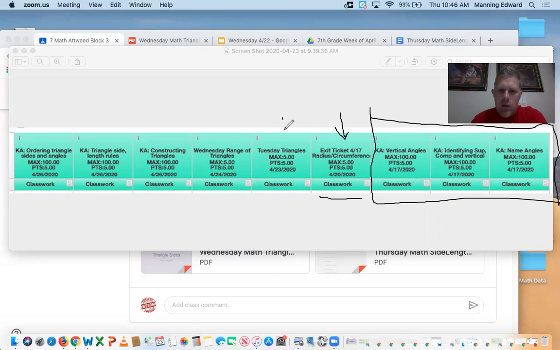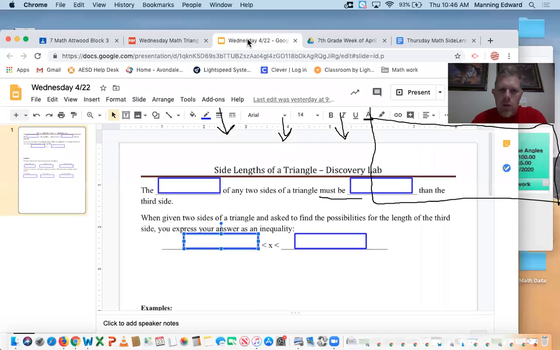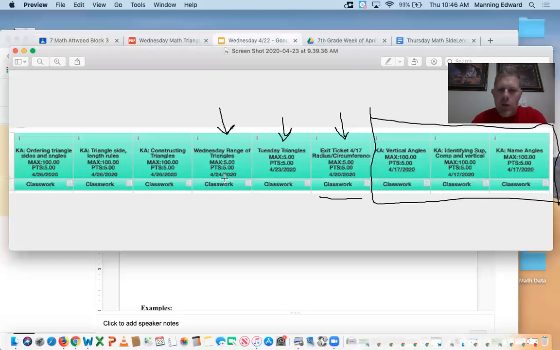Tuesday triangle, that's kind of what we did Tuesday this week. I don't have it pulled up on here right now. Wednesday, range of triangles, that's basically what this one is right here. That's our Wednesday range of triangles. So if you didn't do this, you're losing out on 5 points.